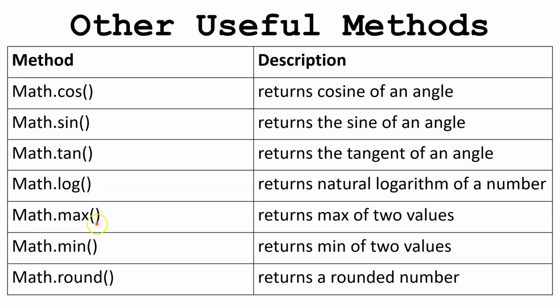Math.max will take in two values and return the maximum. Math.min will take in two values and return the minimum. Math.round will return a round number. There are a number of other methods, and you can see the details of all the methods in the math class by checking the reference document for the math class in Java.